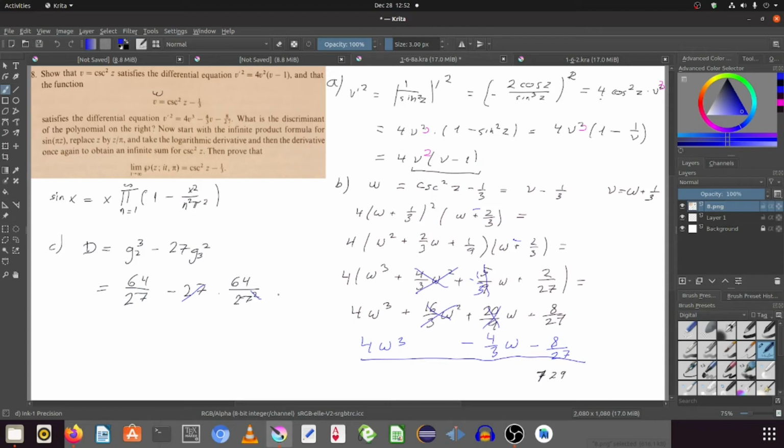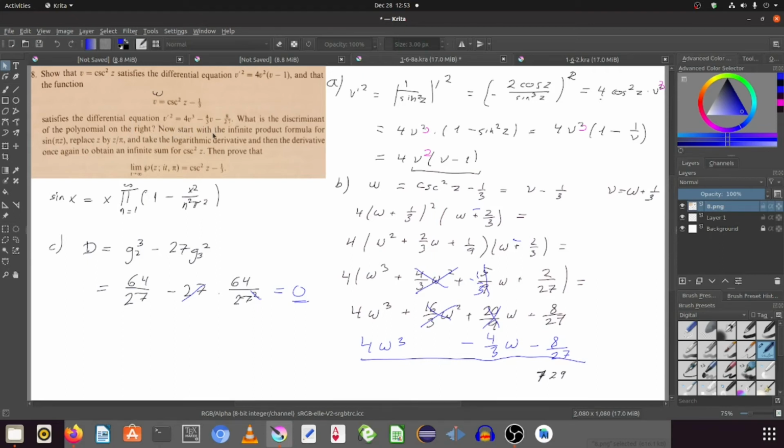So it's 0, naught, nothing, vanishes. That's because we have the double root, of course. With this double root, the discriminant must vanish. I already said that, so that was totally unnecessary.